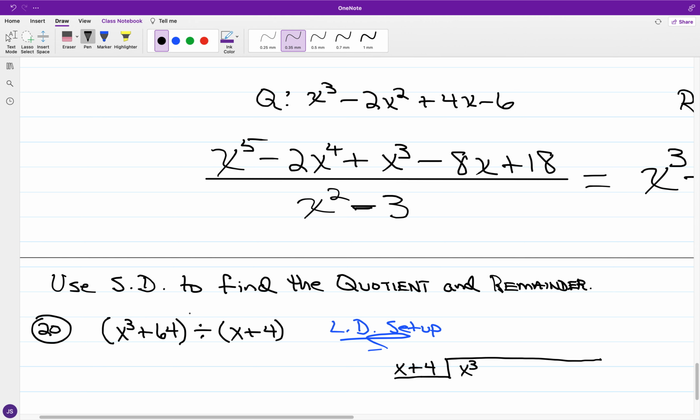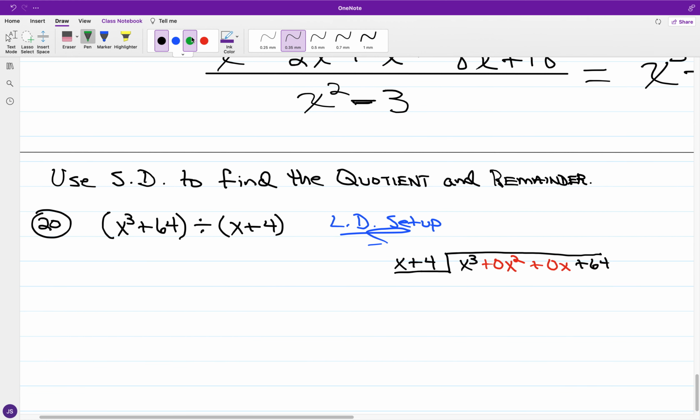Notice this is the only variable term we have in the dividend, so everything else is going to involve 0 placeholders. So we have 0x squared, plus 0x, and finally closing out with the number 64. And so this is your long division setup, just creating the pathway to utilizing synthetic division.